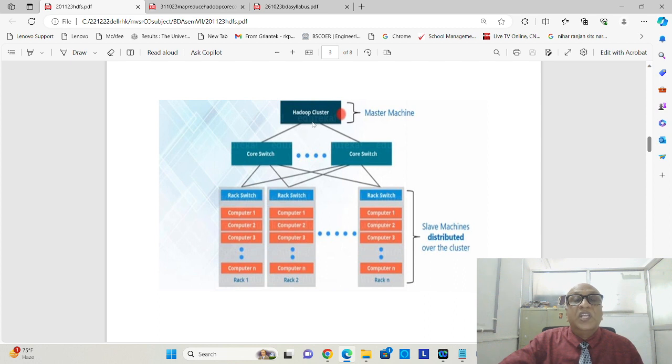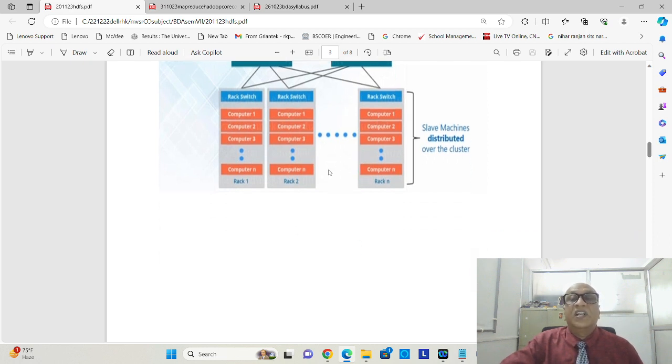Okay, so they'll be interacting with these data nodes through the switches. So you have core switches, and as there are hundreds of machines, those hundreds of machines are called as data nodes, which are running on commodity hardware, and they'll be sitting in different racks. So basically this is the arrangement in a Hadoop ecosystem. So the slave machines, many slave machines are distributed over the cluster, and they are sitting in different racks.